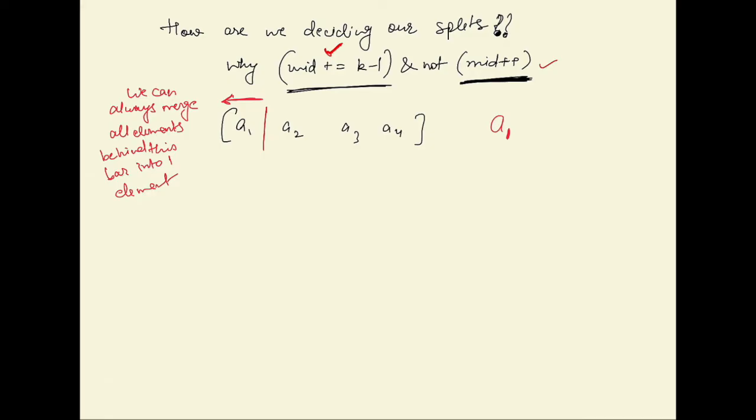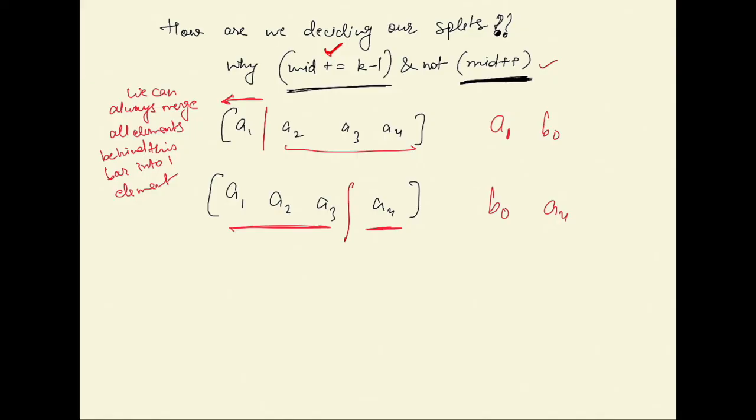So in this case, we already have one element, and then we can merge these three into one, let's say b0, and then we keep our split to be here. Then we can merge these into one element, let's say that's b0, and then we have a4.